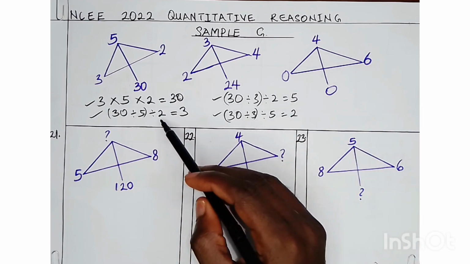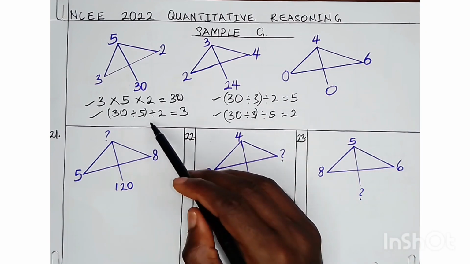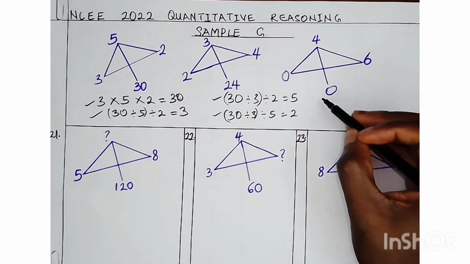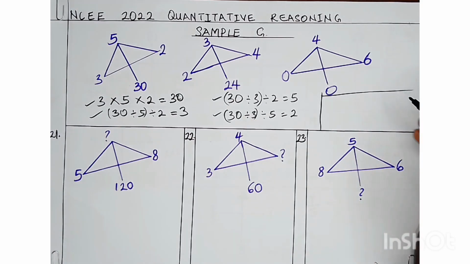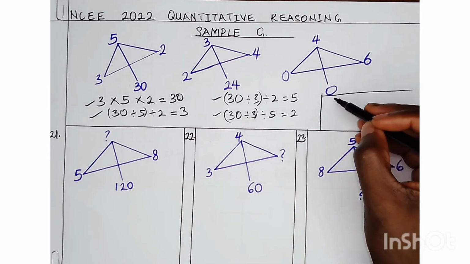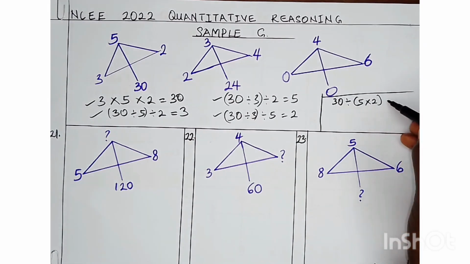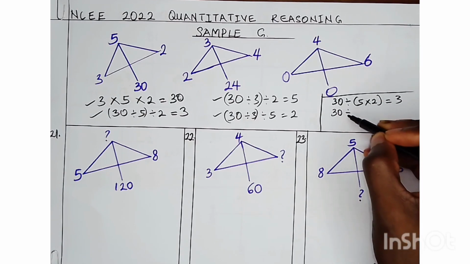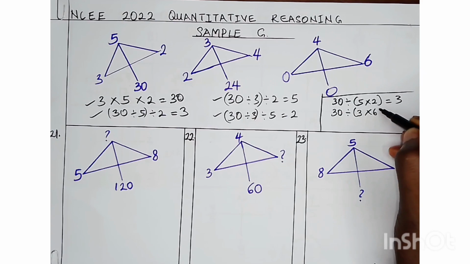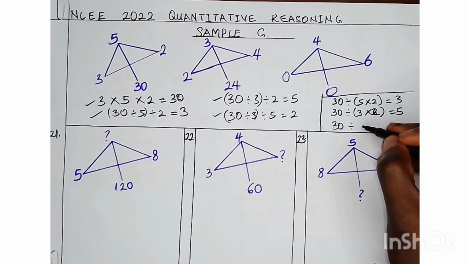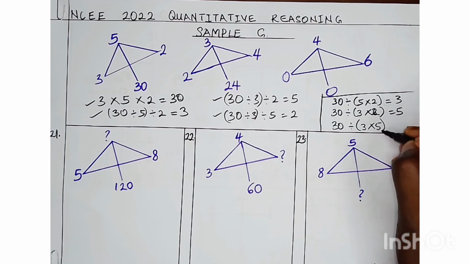Do 5 times 2, 10, then 30 divided by 10, 3. Let me write another way we could do that here. Instead of this, we could do 30 divided by 5 times 2, and that will give us 3. We could also do 30 divided by 3 times 2, that will give us 5. And 30 divided by 3 times 5 will give us 2.